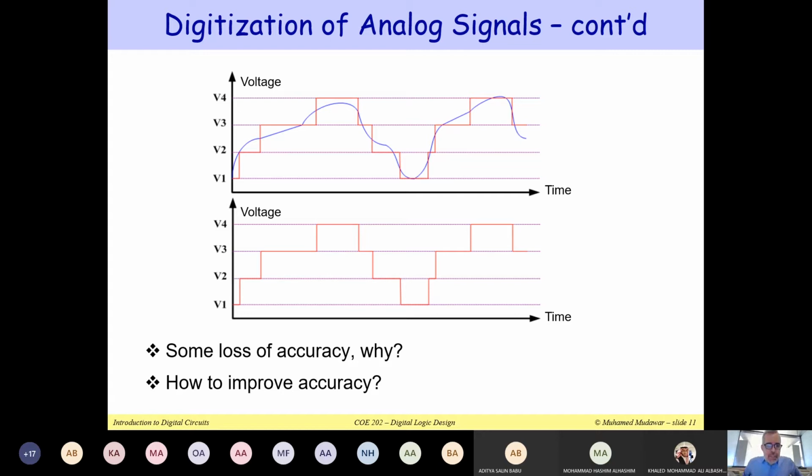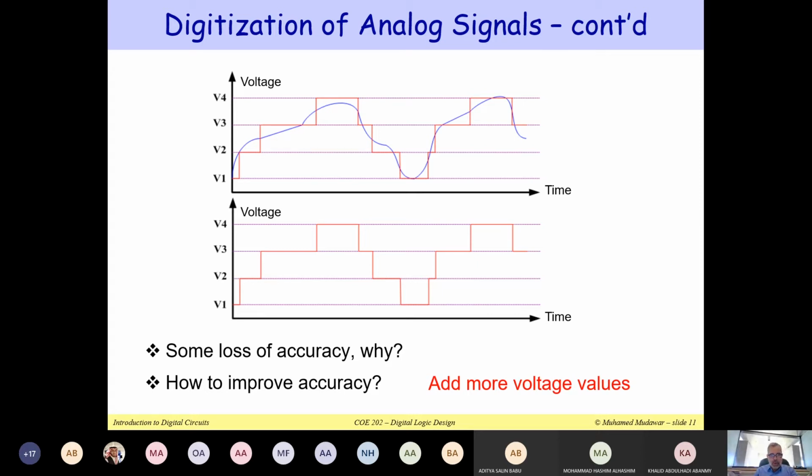So how to improve the accuracy of the digital signal? We can increase the range of voltages. Yes, so we can actually add more voltage values. Between V1 and V2, we can introduce more. Between V2 and V3, we can introduce more. So rather than having only 4, we can have 8, we can have 16.